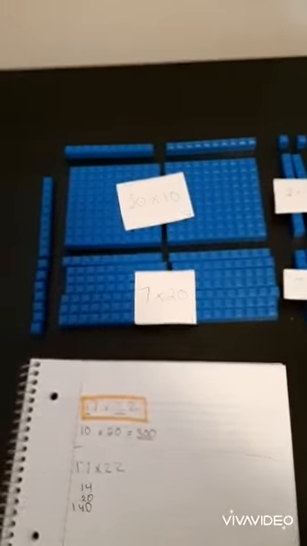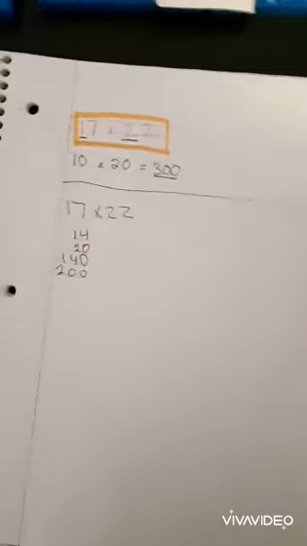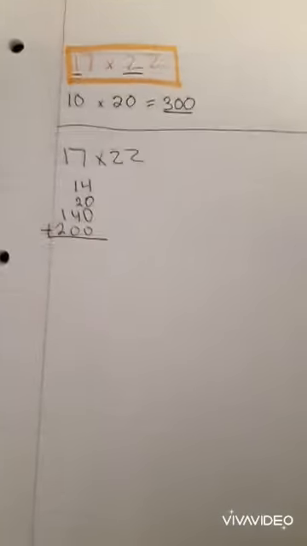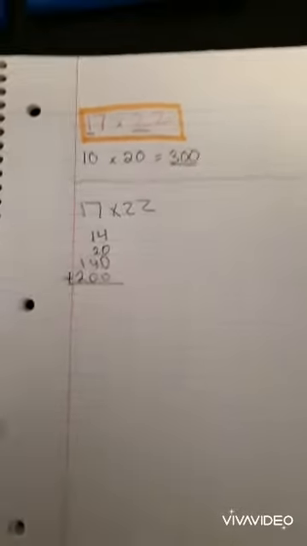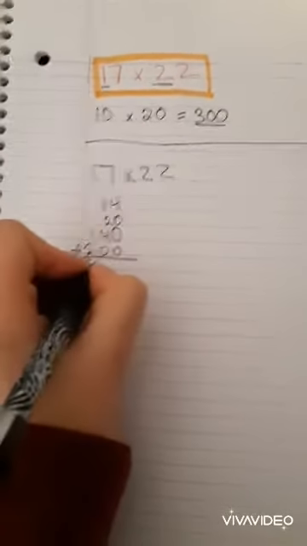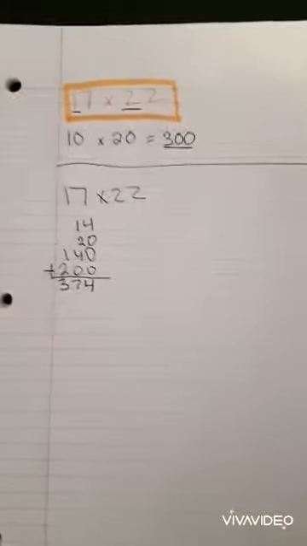And 2 10s times 1 10 equals 200. So from this, we're going to add all of them, which would get us to 374 as our answer.